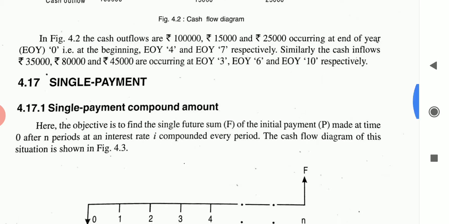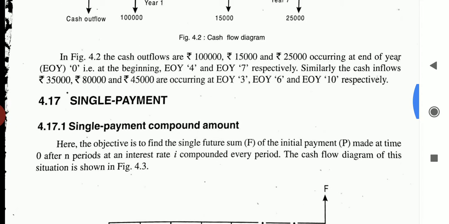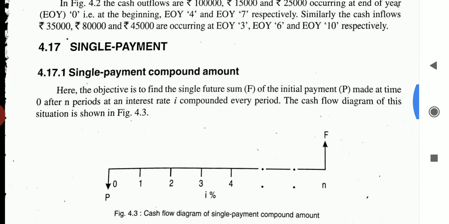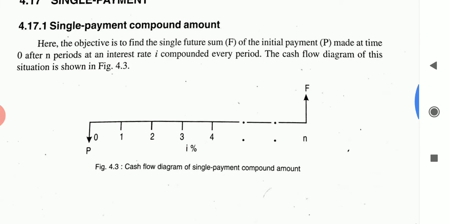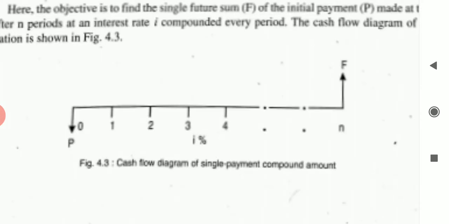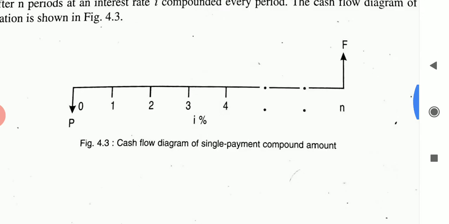So by using that cash flow diagram, it will point out some payments. That is nothing but the single payment. In single payments, P is the initial amount, and F is the salvage amount or the future single amount.